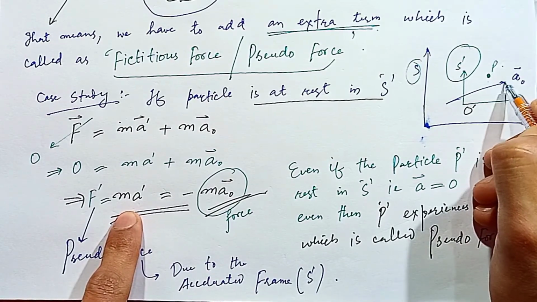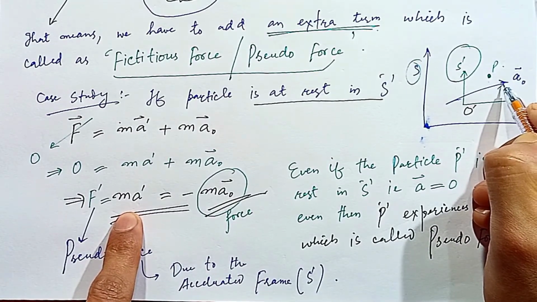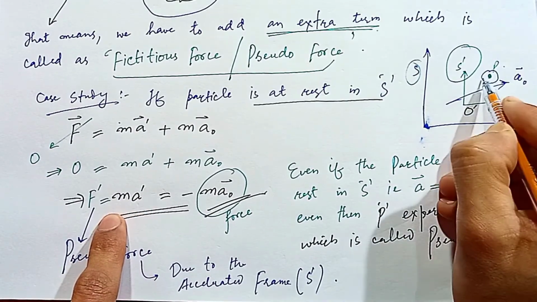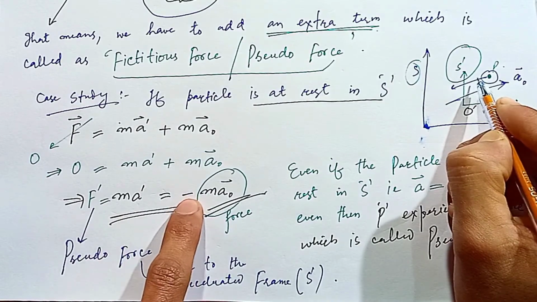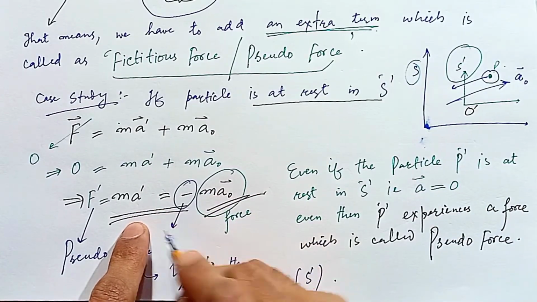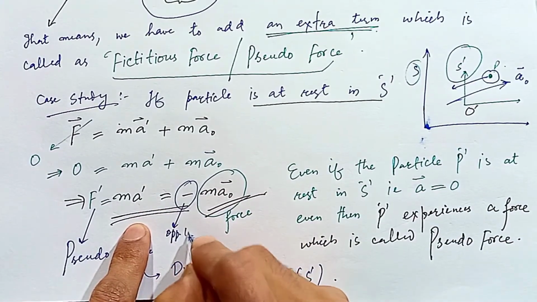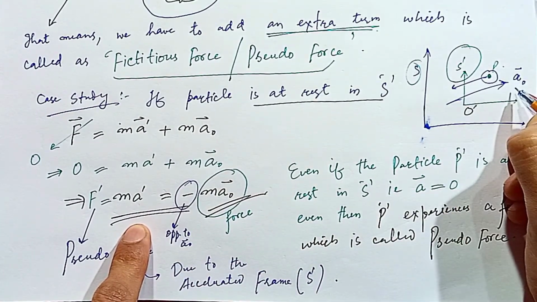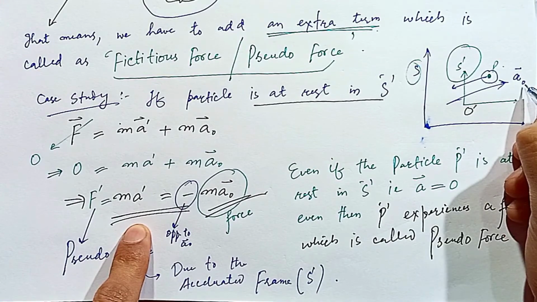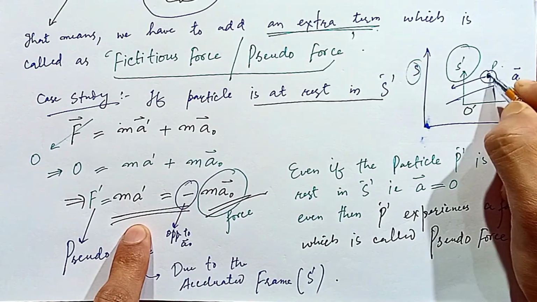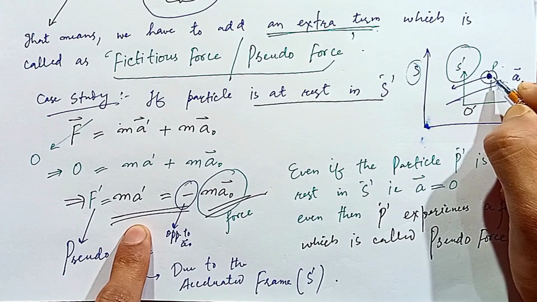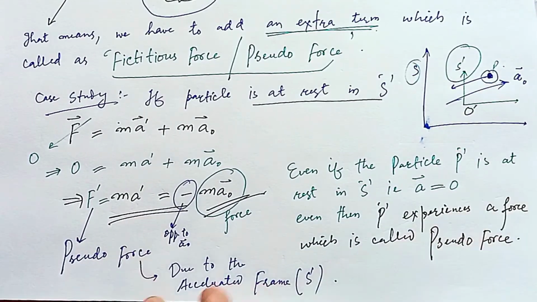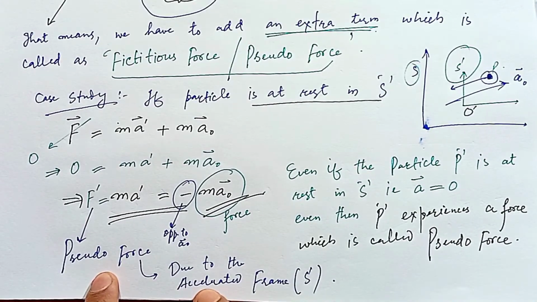If the acceleration is in this direction, the force experienced by that body will be opposite to that. This is the meaning of the minus sign: opposite to A naught. If this frame of reference is accelerated in this direction, then the force experienced by this body will be opposite to that of the acceleration, and that force is the pseudo force.